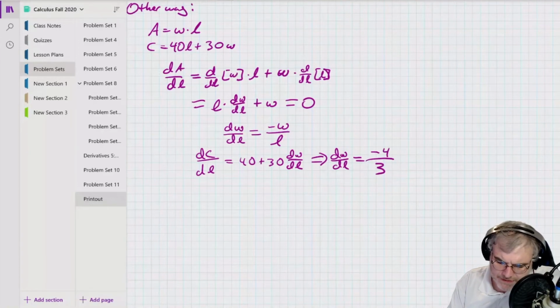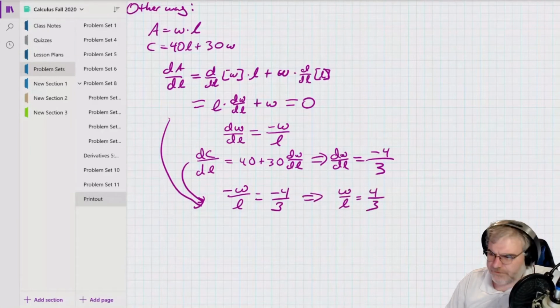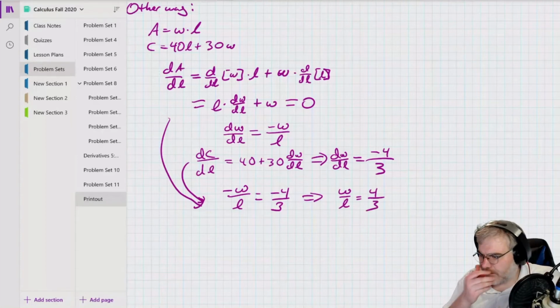So I combine these two, and I get negative W over L equals negative 4 over 3, which implies that W over L equals 4 over 3. So there's my optimal ratio.